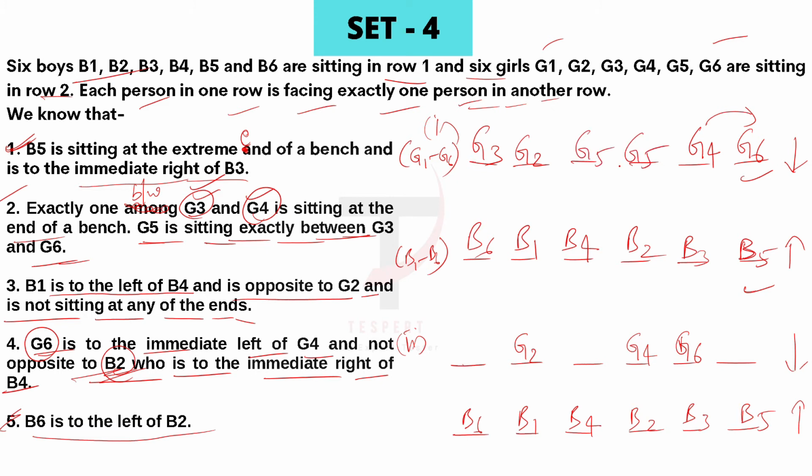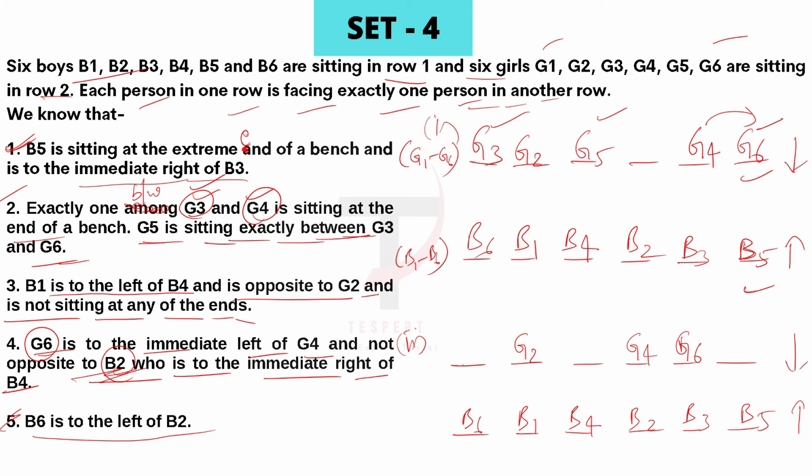In both the cases, G5 is not going to be exactly between G3 and G6. Why? Because if I place G5 here, the spaces between G3 and G5 is 1, the spaces between G5 and G6 is 2, which is not equal. So it is not exactly in between. Of course it is between, but it is not exactly in between.